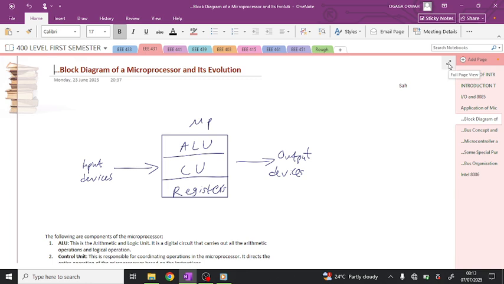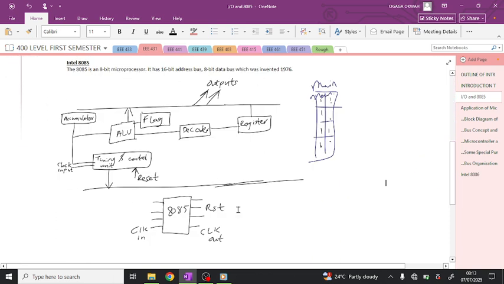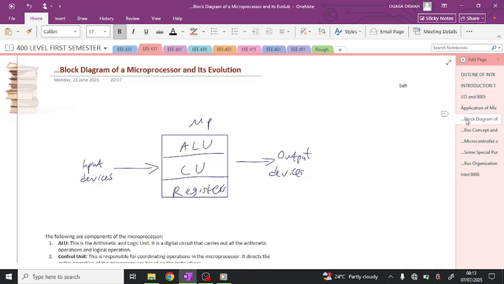Note that in the previous one where we did this, it is a block diagram of the 8085 microprocessor. That is a specific microprocessor, but for this case it's a microprocessor in general, not a particular one.